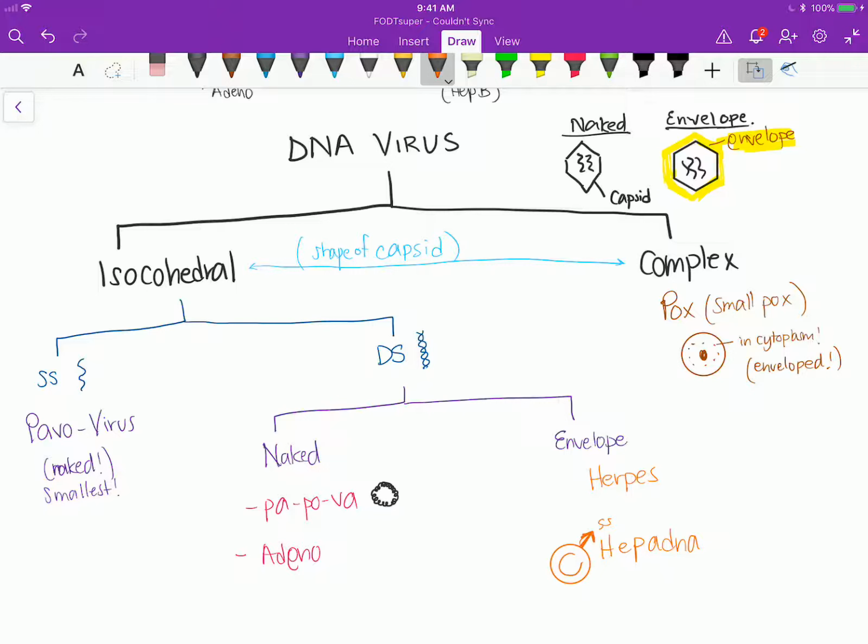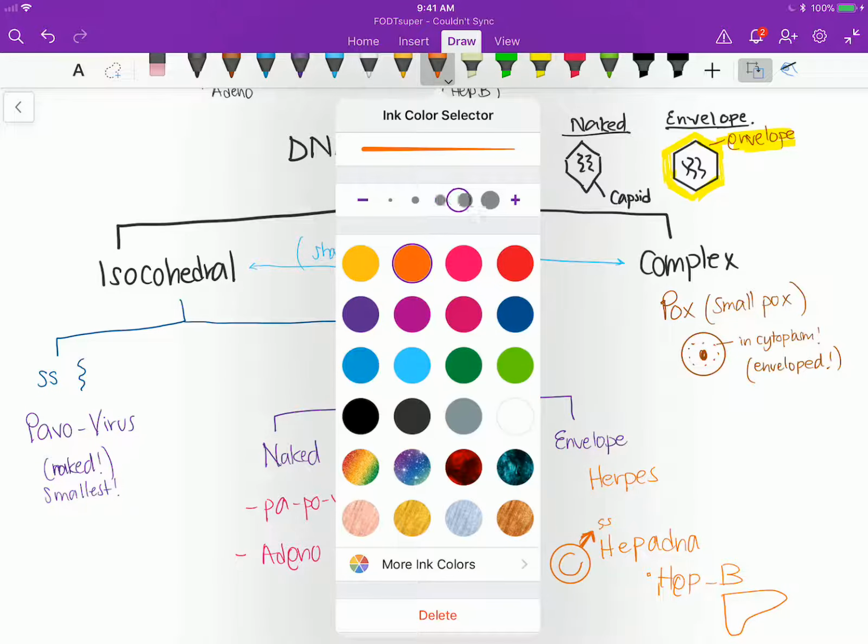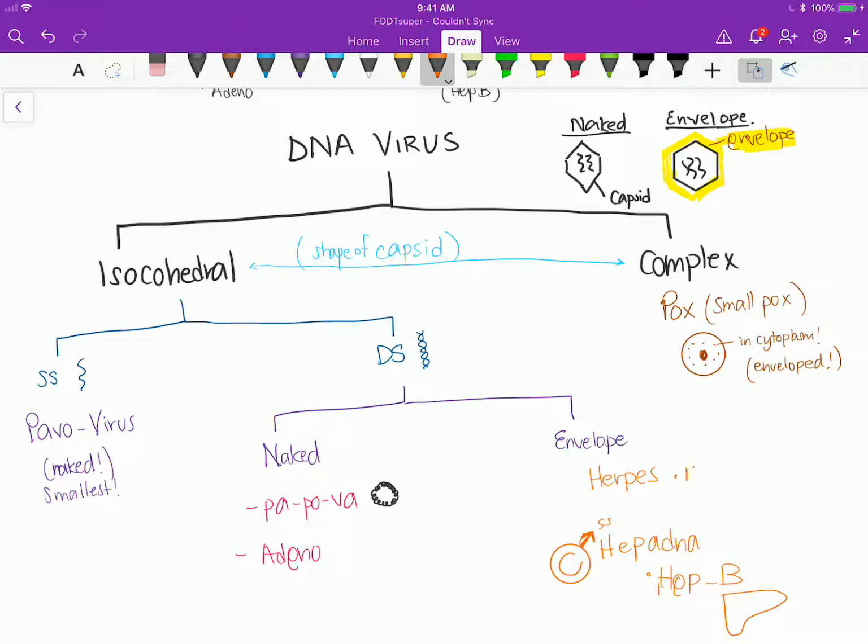Another thing to note about the virus is this is what's called the hepatitis B. And I'm going to draw a liver here so that you have an idea that this causes liver cancer. Herpes virus is actually, as you know, it has many, many different types of viruses. HSV1 through HSV8.